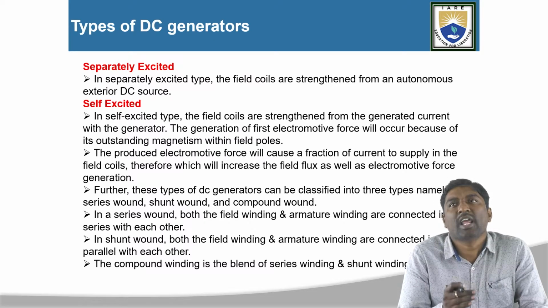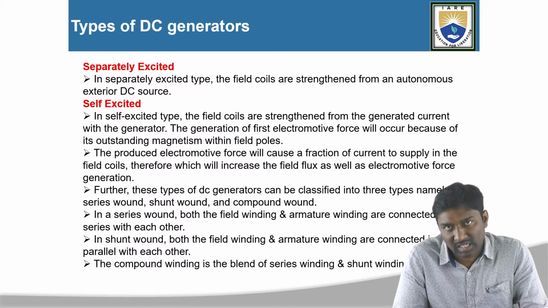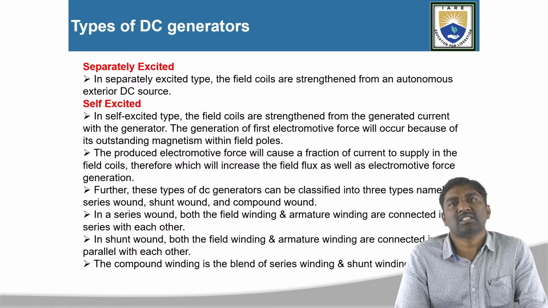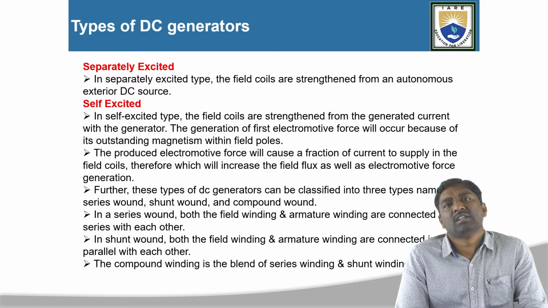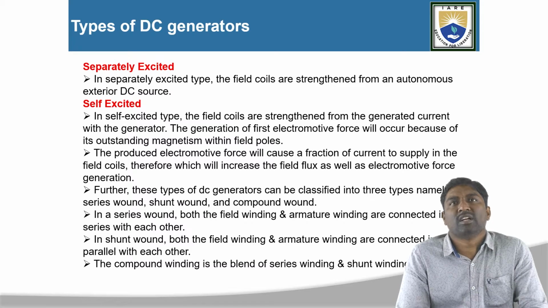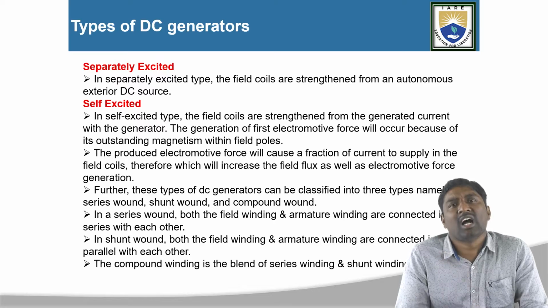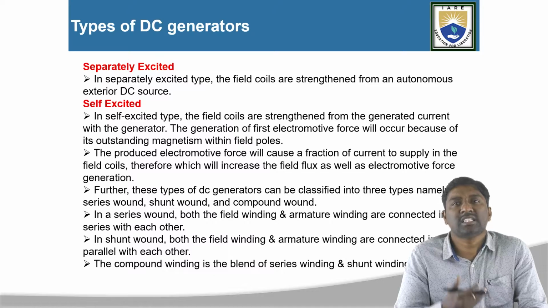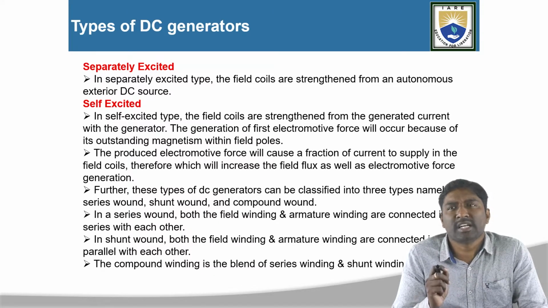According to the residual magnetism in the DC generator, we get the initial induced EMF in the field coils. Due to that initial induced EMF, current is generated in the field coils. That generated current strengthens, or excites, the field coils themselves. That's why this is called a self-excited DC generator.